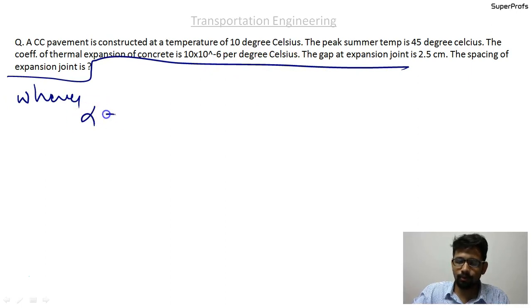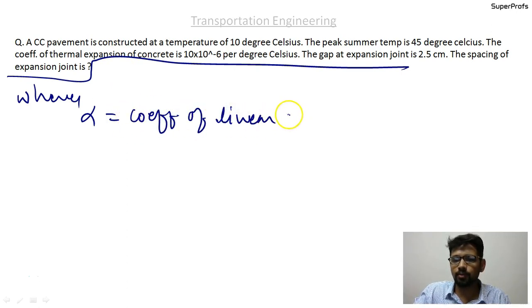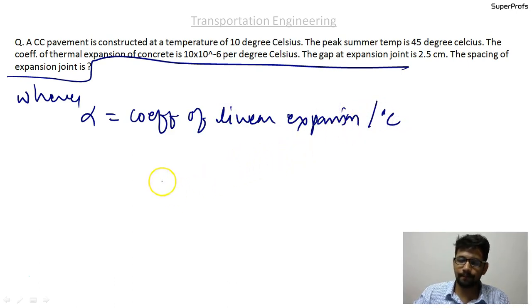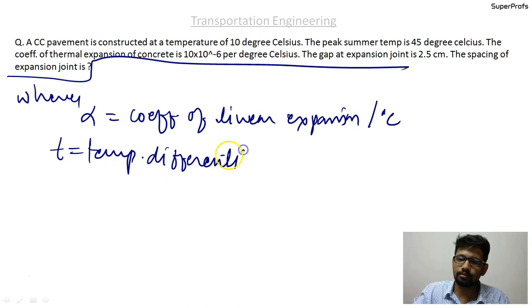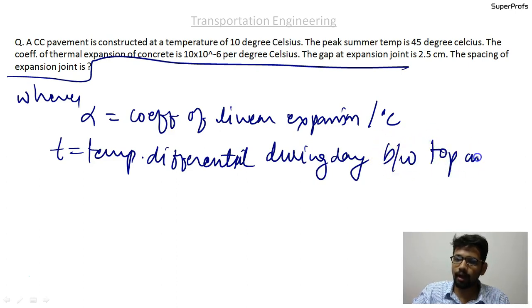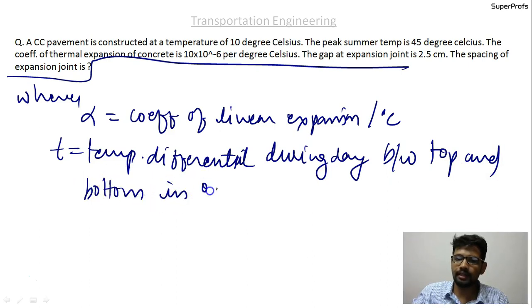Where alpha is the coefficient of linear expansion per degree Celsius, and T is the temperature differential during the day between top and bottom in degree Celsius.